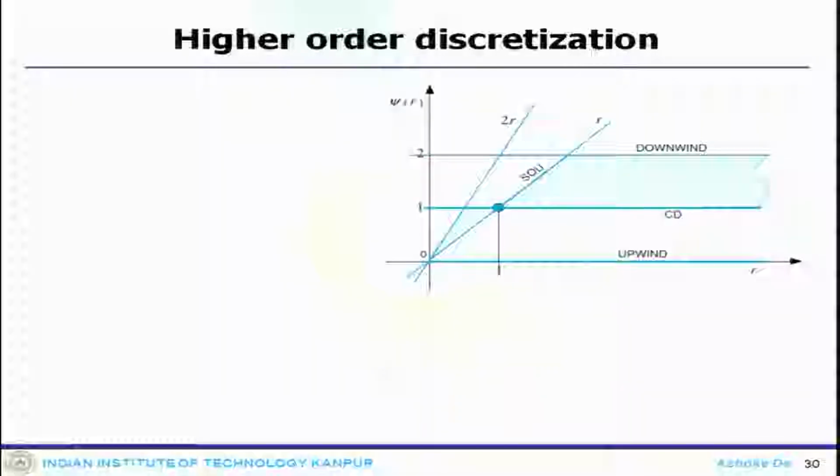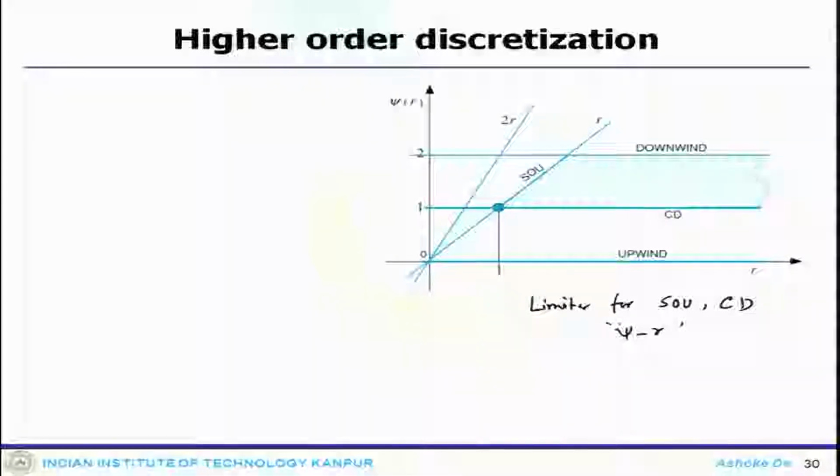So, this can be displayed here. This is the diagram which shows the limiters for second order upwind and CD in this psi r diagram.